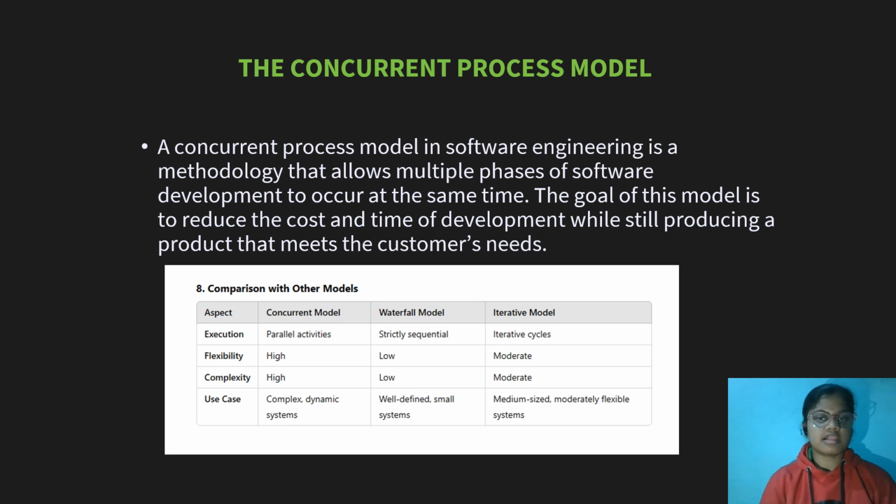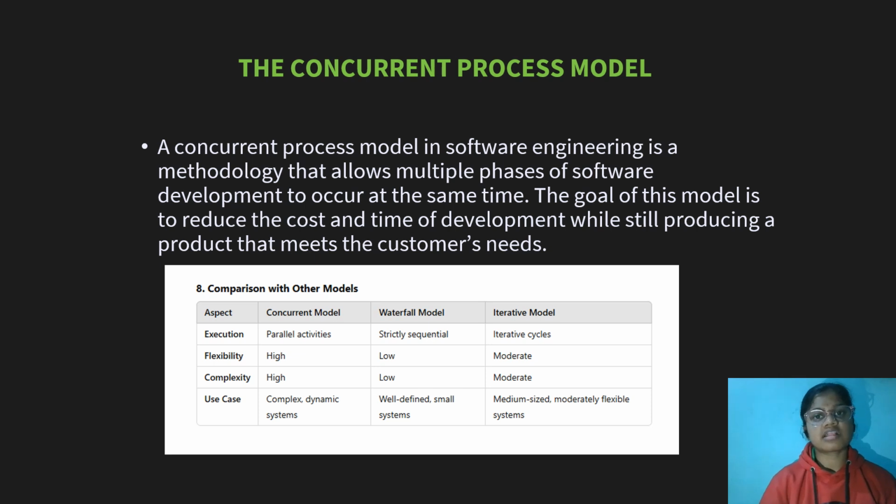For example, consider we are developing a device or a website which has only one feature, and the customer asks for another feature that we need to add to the existing one. We can do both in the same system. This is the concurrent model, whereas in the waterfall model we can't make any changes. This is the main difference between the concurrent model and the waterfall model.